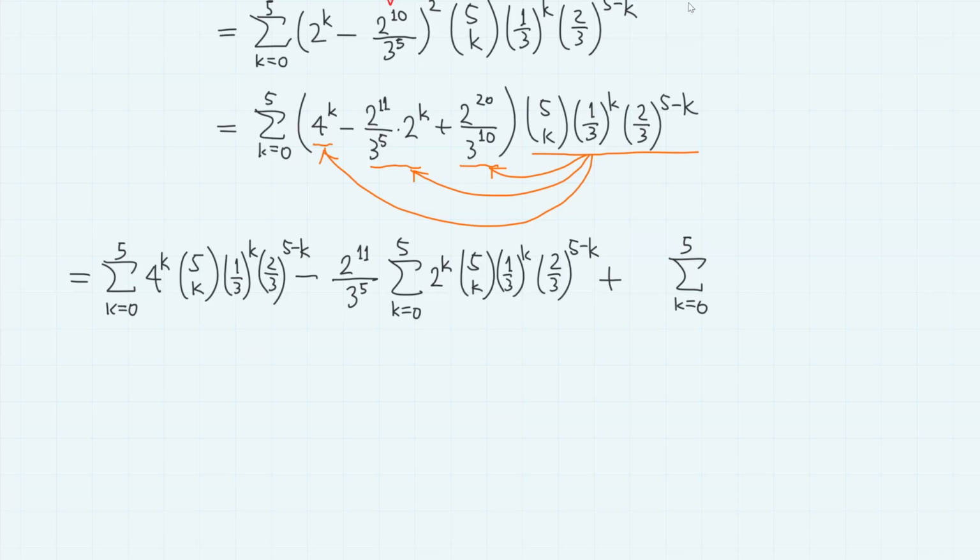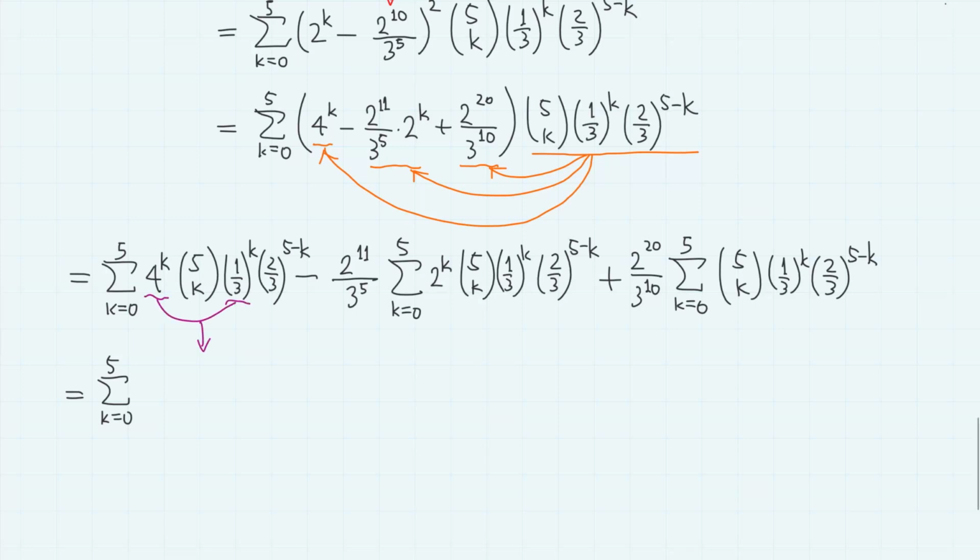And for the third part, we have constant 2 to the power of 20 divided by 3 to the power of 10, then the summation of 5 choose k times 1/3 to the power of k times 2/3 to the power of 5 minus k. For the first part, we can combine this 4 to the power of k and 1/3 to the power of k and write 5 choose k times 4/3 to the power of k times 2/3 to the power of 5 minus k.